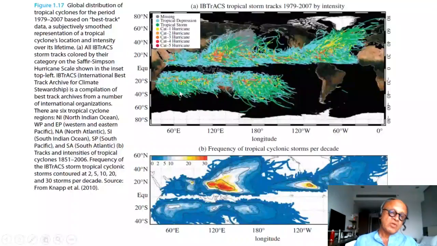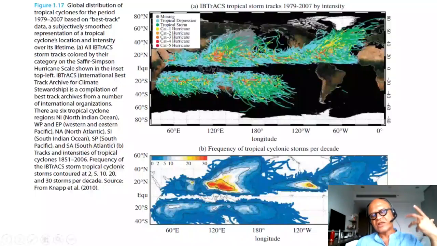And with global warming, we are always worrying about whether cyclones are getting more in number, getting stronger, moving slower, carrying more water vapor, intensifying more rapidly, and so on and so forth. So this is just the frequency of tropical cyclonic storms per decade, and you can see that there is a strong hotspot here and a hotspot here over the West Pacific and South China Sea and over the Bay of Bengal, compared to the other regions of cyclogenesis and tropical cyclone.